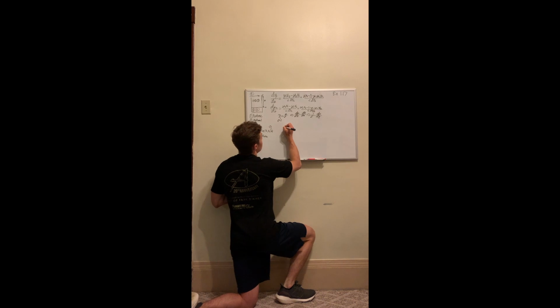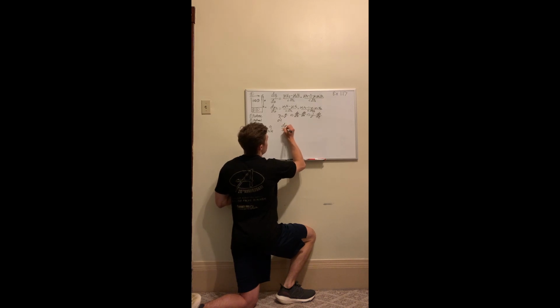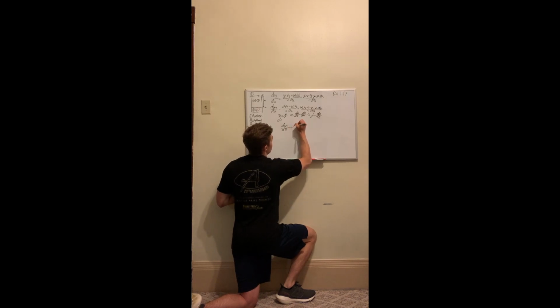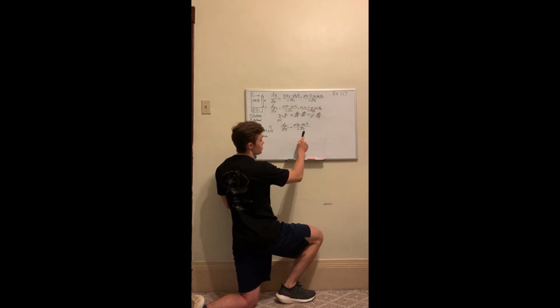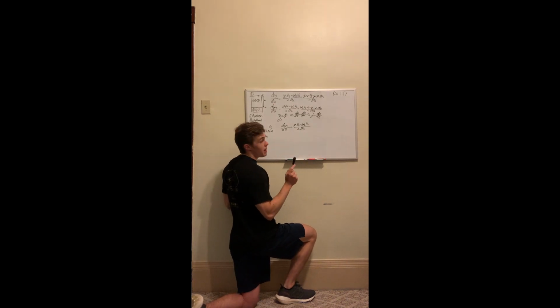Rewriting our Stefan-Maxwell equation, the change in molar concentration over the change in eta equals our molar concentration of 1 times our molar flux of 2, minus our molar concentration of 2 times our molar flux of 1, all over our total concentration times our Stefan-Maxwell diffusivity constant of 1 to 2, which was already given to us in the equation. If you didn't have it already, you'd have to run a bunch of tests to find out, but it was given to us luckily. So now let's start by thinking about the magnitude that we know.